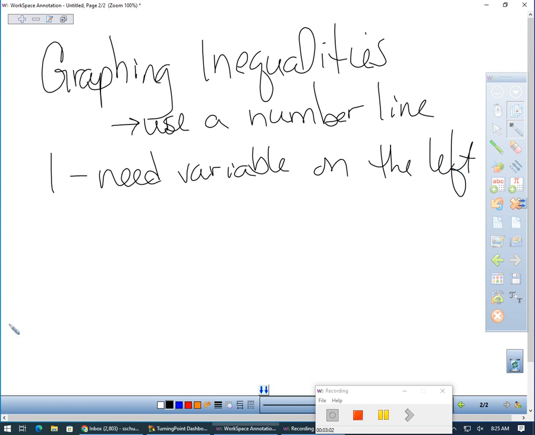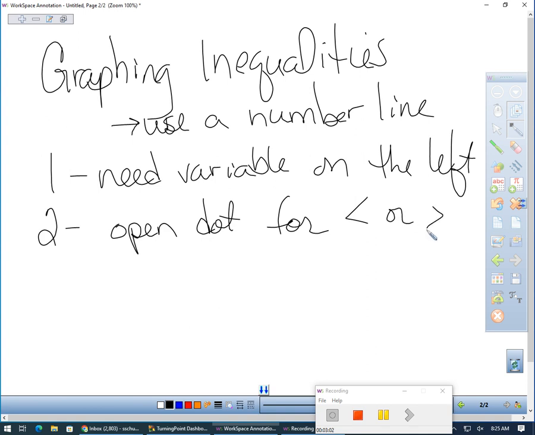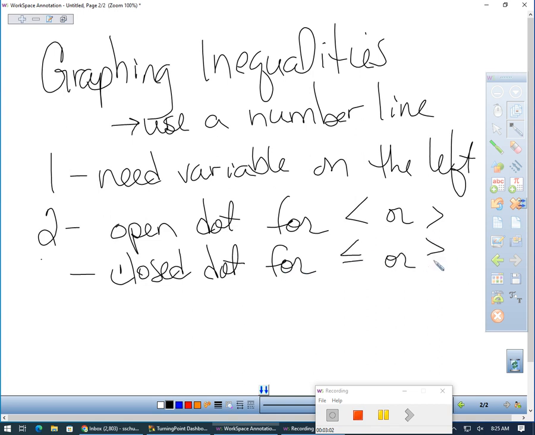Okay? If your variable is on the left-hand side, step 2 would be an open dot for less than or greater than. It would be a closed dot for less than or equal to or greater than or equal to.